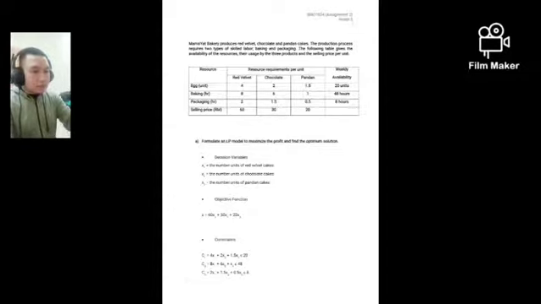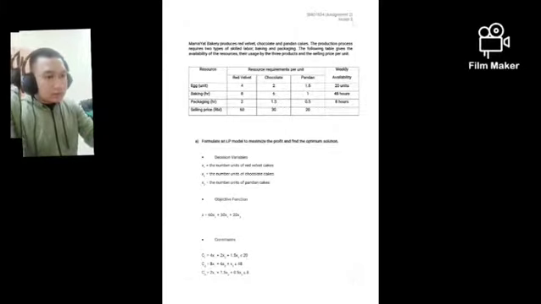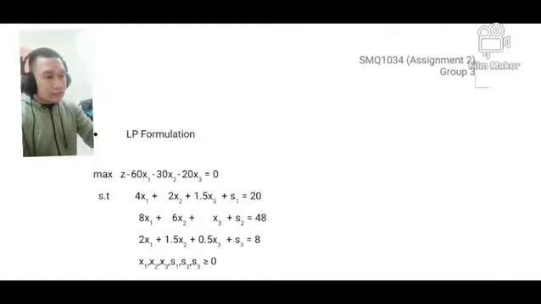The third constraint is 2x1 plus 1.5x2 plus 0.5x3 smaller than or equal to 8. The formulation is to maximize z equal to 60x1 plus 30x2 plus 20x3.